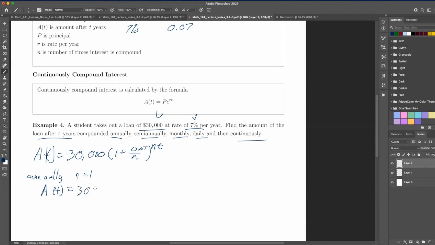So it'll be 30,000 times 1 plus 0.07 over 1, to the 1 times 4. And this is roughly equal to 39,323.88.